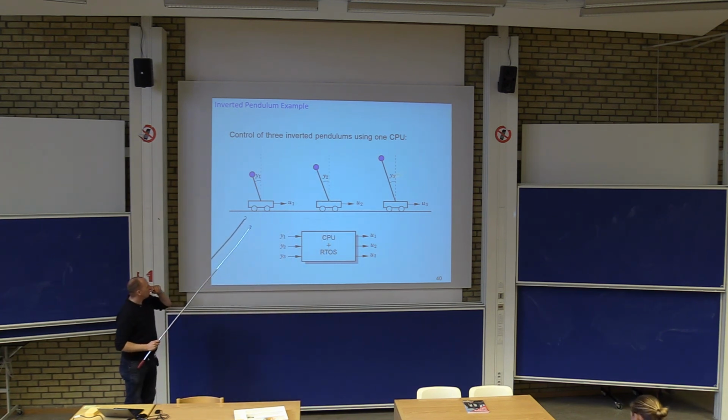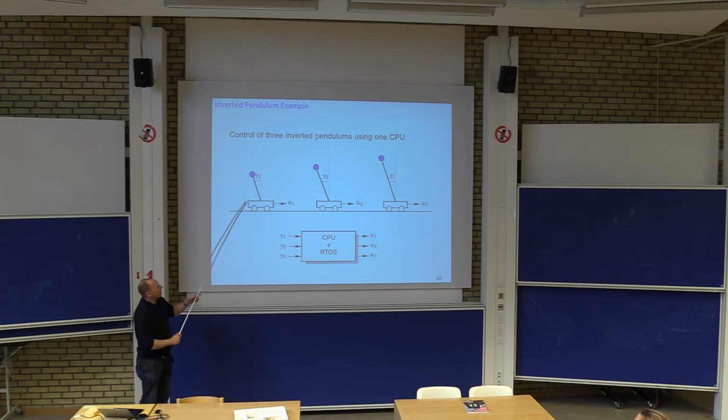So the plant dynamics is different. We design controllers in the same way, but we will have different periods now, because we will have a shorter period for the faster dynamics than for the slower dynamics.